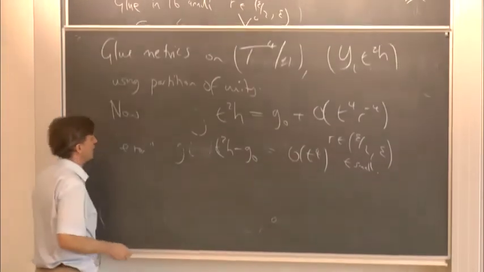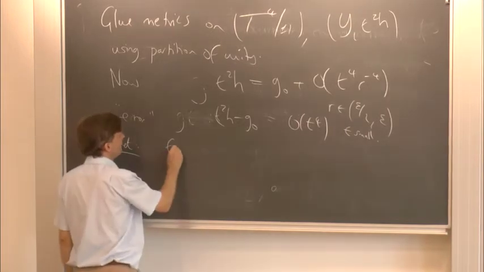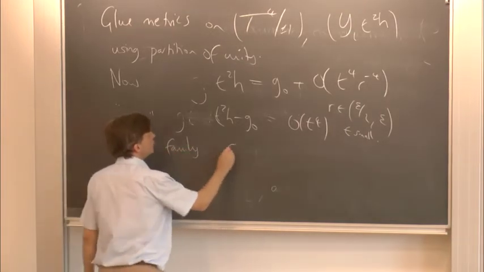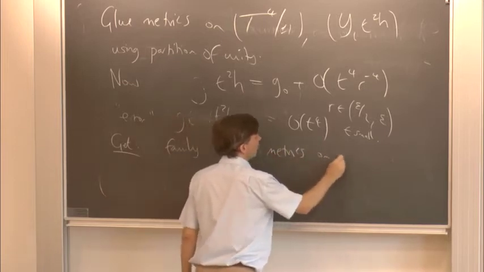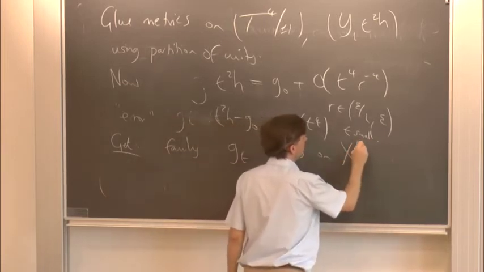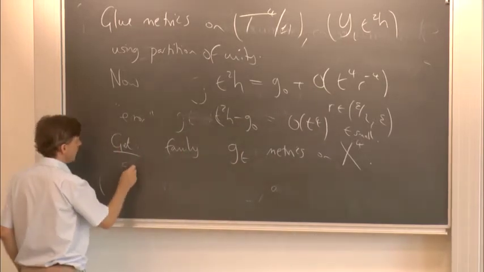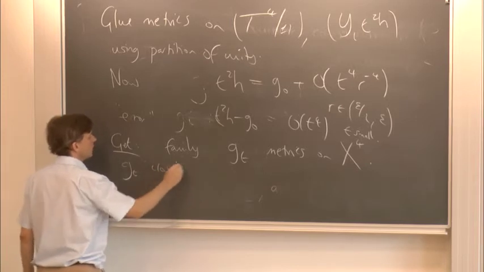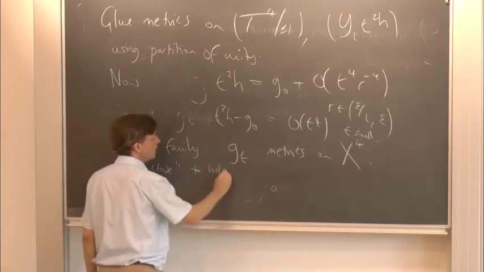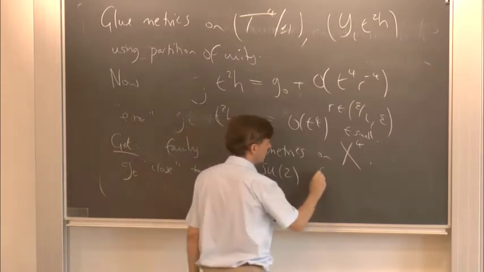So what we get is a family gt of metrics on X4, where gt is somehow close to holonomy SU2 for small t.